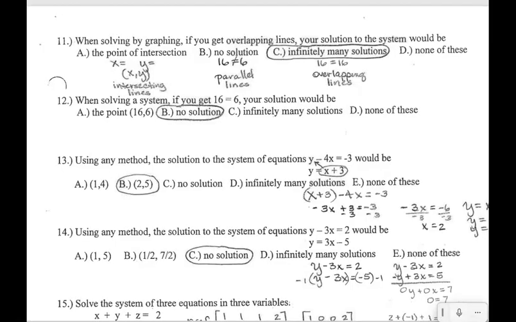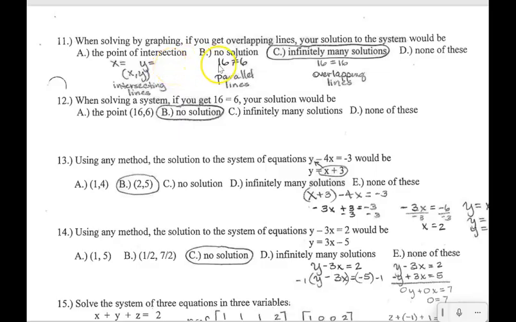All right, then for number 11, they say when you're solving by graphing, if you get overlapping lines, your solutions to the system would be what? Because I could change this up, instead of asking you for overlapping lines, I could ask you something else, so I went ahead and identified every one of these. If you have intersecting lines, you're going to get the point of intersection, whatever your x and y value are.